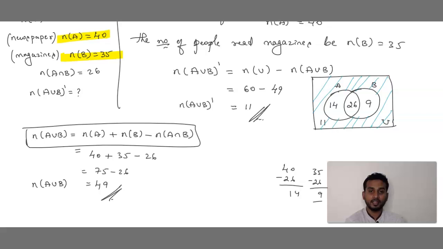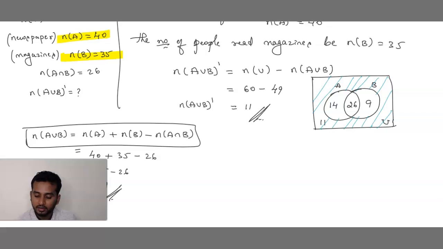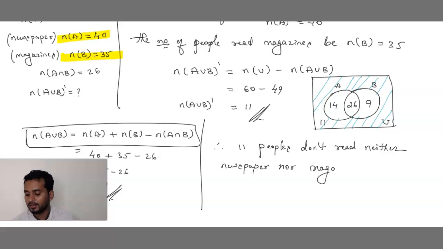So how many people neither read newspaper nor magazine? 11 people, right? Therefore, 11 people do not read either newspaper or magazines.